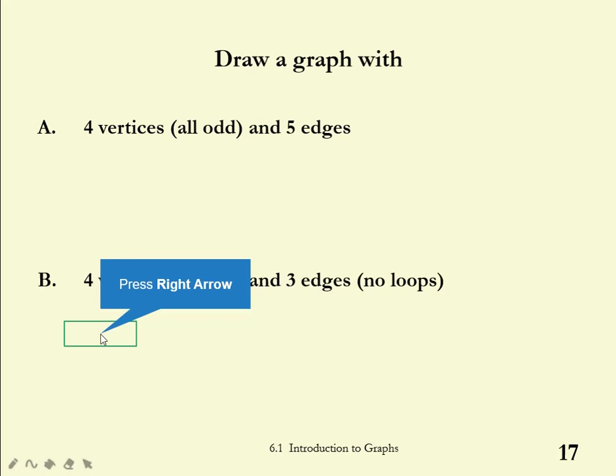Draw the graph wherein you have 4 vertices, all odd, and 5 edges. 4 vertices, all odd, and 3 edges with no loops. No loops. Now odd, even, what do they relate to? Degree.